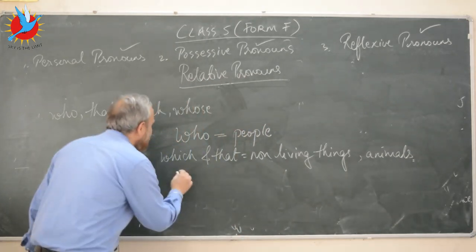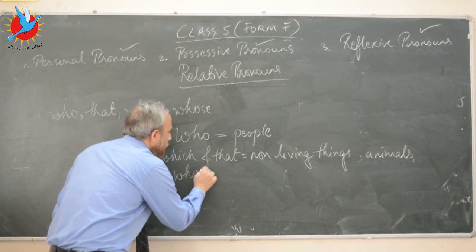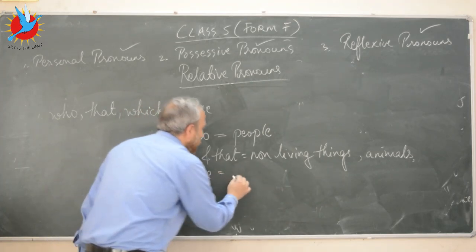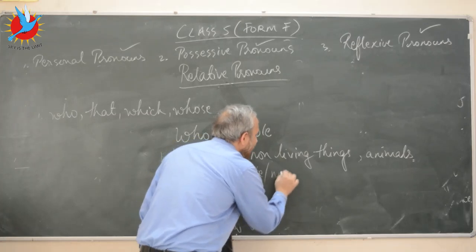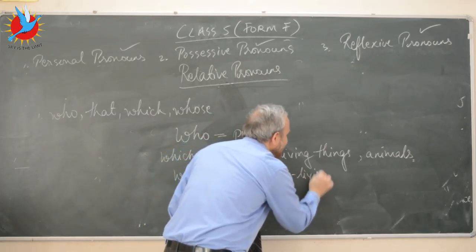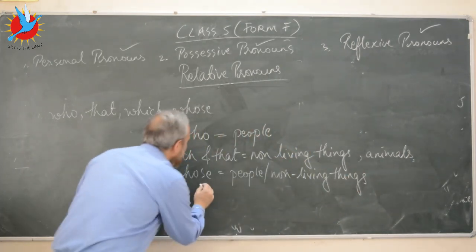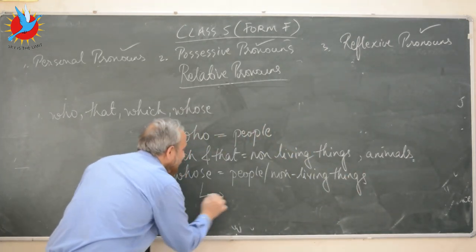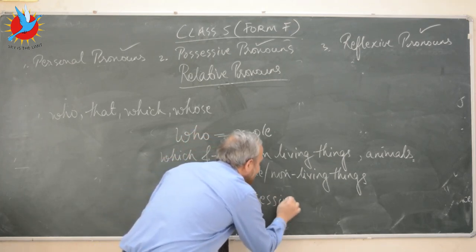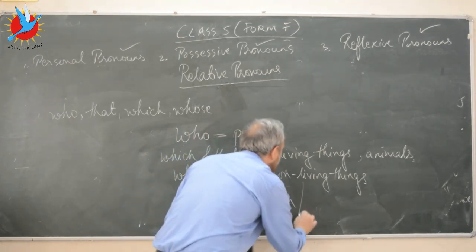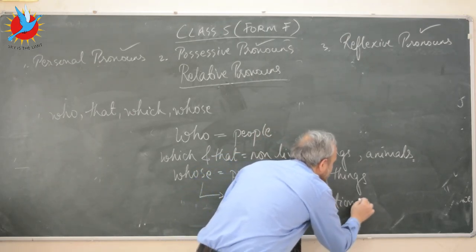And you use whose with people, or sometimes with non-living things, and whose denotes what? Possession or ownership, or it shows a relationship.